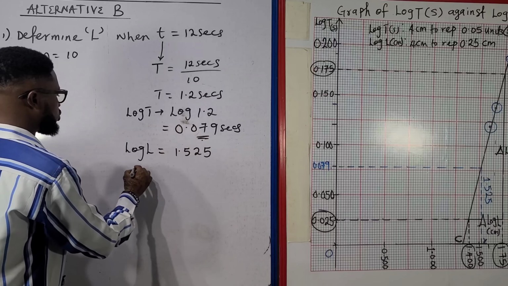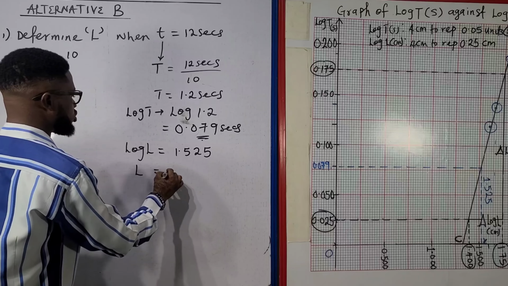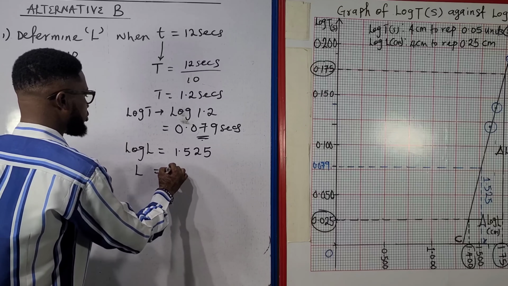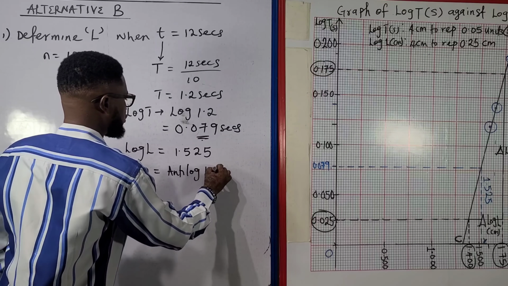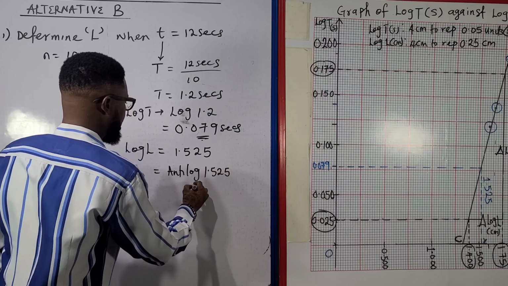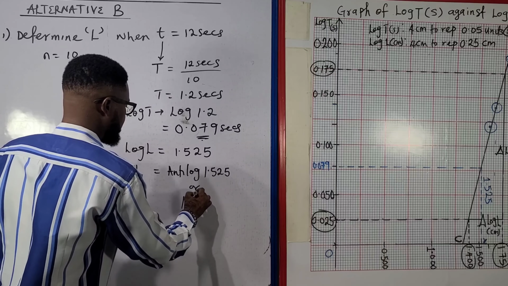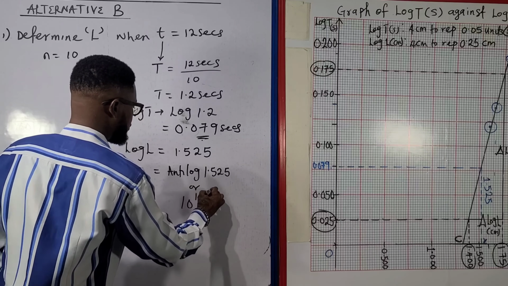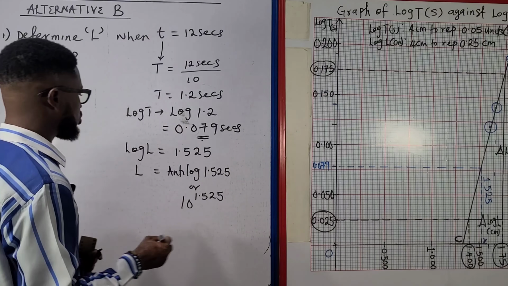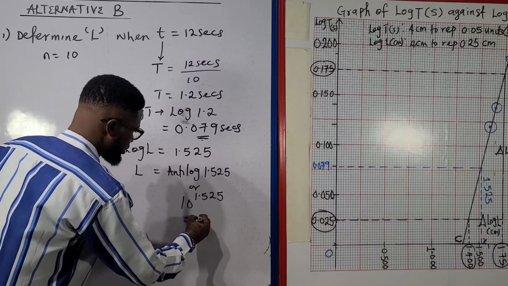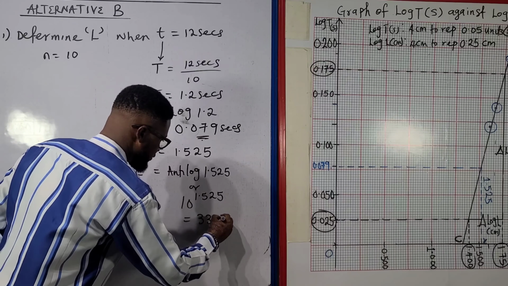Of course, what this will mean is that my L now is going to be the anti-logarithm of 1.525. You press that on your calculator. So what we got when we compute this is 33.5.